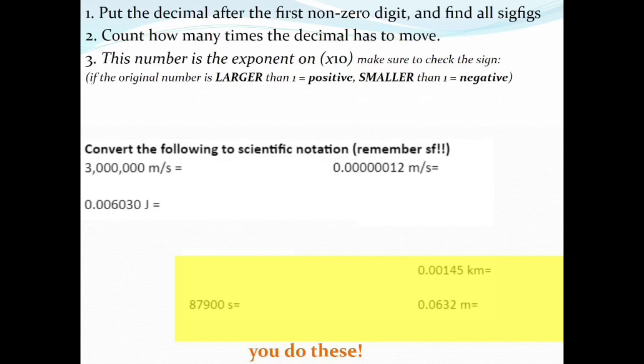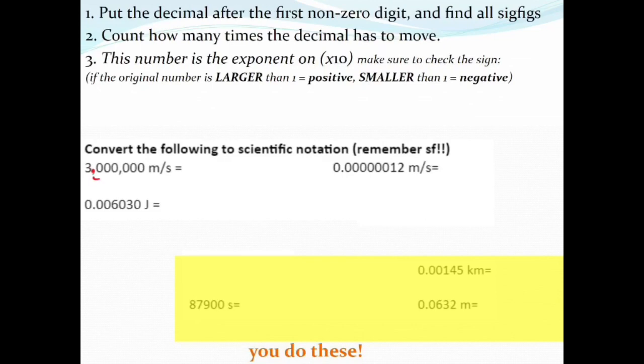So, our first step here is to put the decimal after the first non-zero digit. And I say first because we should be reading left to right. So as we start at the left of our number, the first non-zero digit is this 3. So I'm going to put my decimal after the 3.